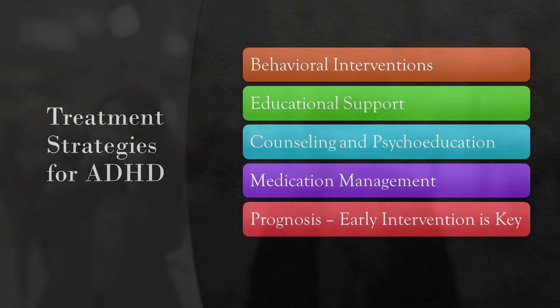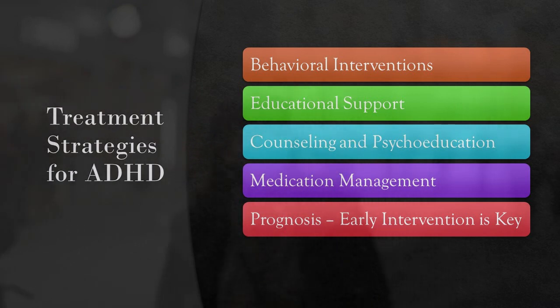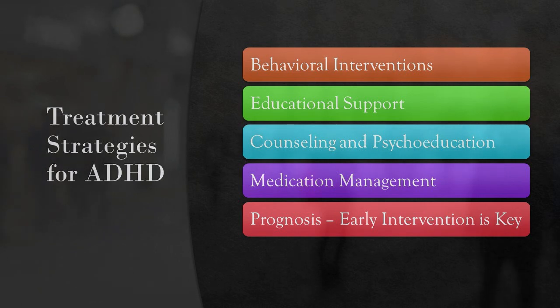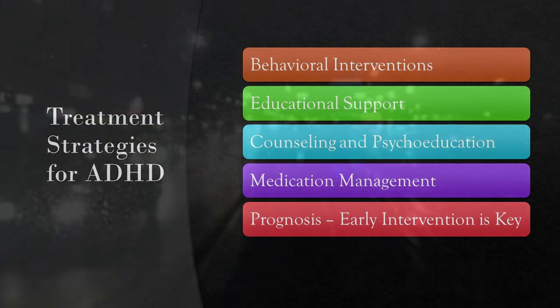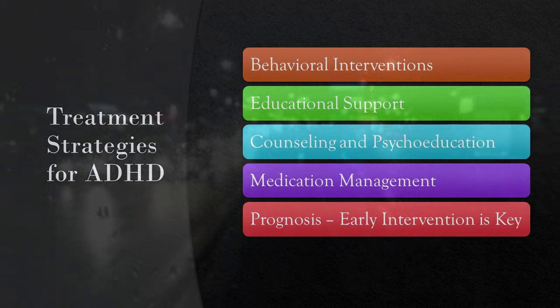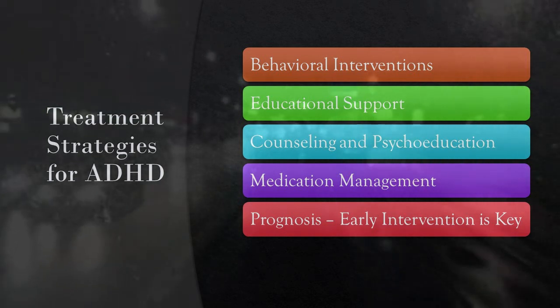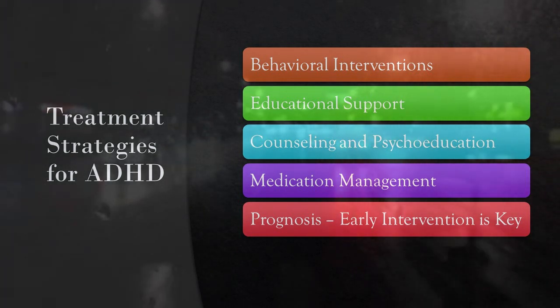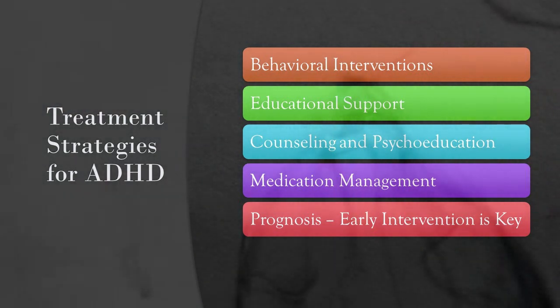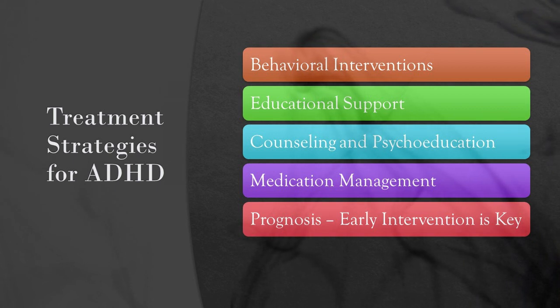There should also be some collaboration with educators to implement classroom accommodations and some support services. And that's going to be crucial for academic success. So having support workers within the classroom with individualized education plans goes a long way. So things like providing structure and additional time or alternative assignments that can accommodate the child's needs are significantly important.